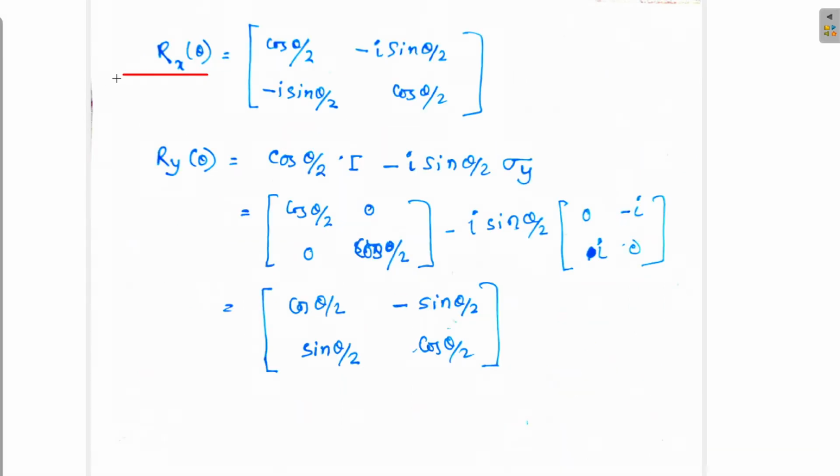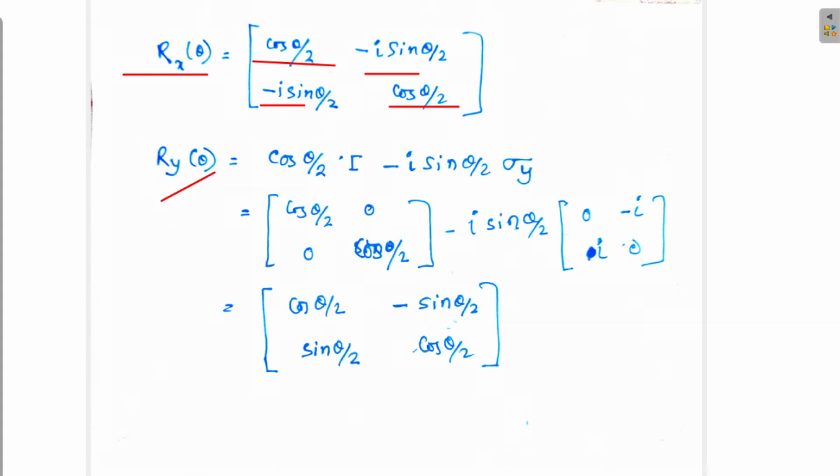So after simplification, Rx can be written as this 2 cross 2 matrix like this: cos theta over 2, minus iota sin theta over 2, then minus iota sin theta over 2 and cos theta over 2.